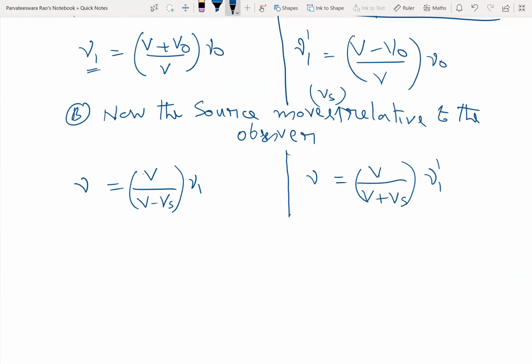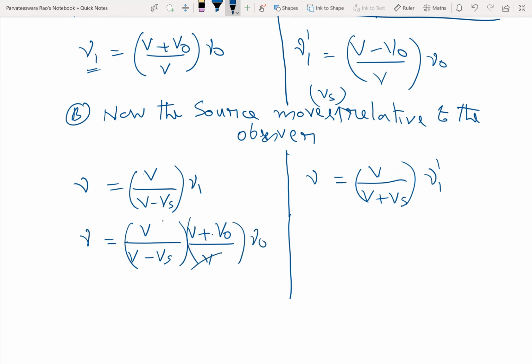So substitute the formula for nu1 here. I'll be getting nu is equal to V by V minus Vs into nu1, which is V plus V naught by V into nu naught. So V is cancelled. Similarly, V by V plus Vs into V minus V naught by V into nu naught.